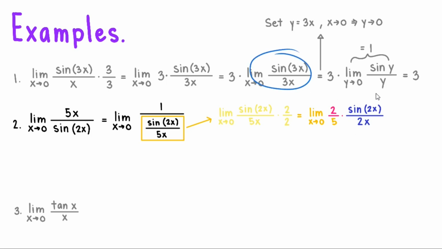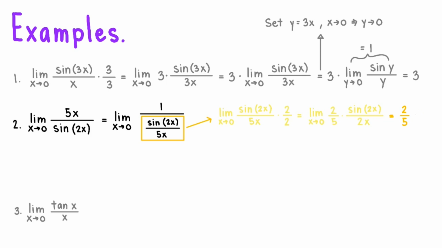So I won't do these steps anymore, but we know that by special trigonometric limits, this here as x approaches 0 is simply equal to 1. So we have this. And then the limit of a constant is just itself, so we'll have 2 over 5 times 1 out here. Or simply 2 over 5 times 1 is just simply 2 over 5.